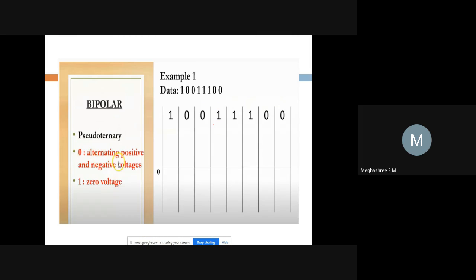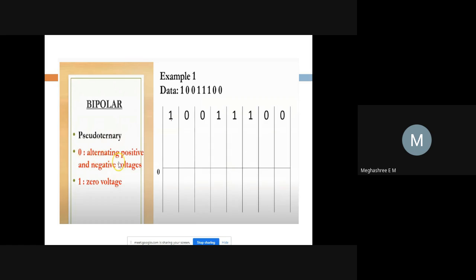So the next one is pseudo ternary. Pseudo ternary is the second method under bipolar. This is a variant of AMI. Here you have to use it the other way: if the given data bit is 0, alternate it between positive and negative voltage. If the data bit is 1, mark it as 0 voltage.